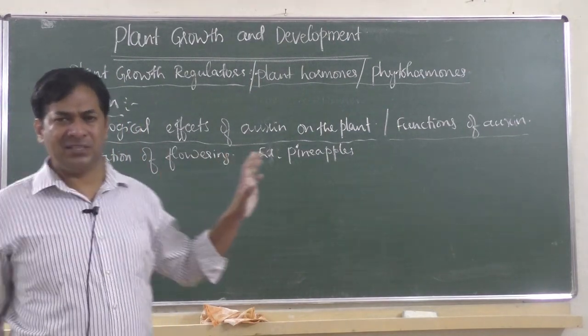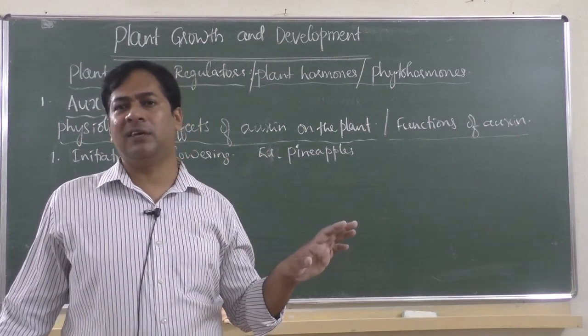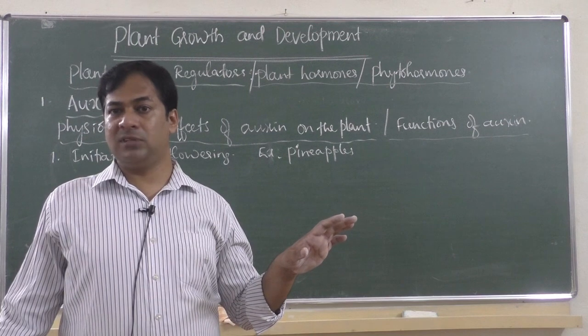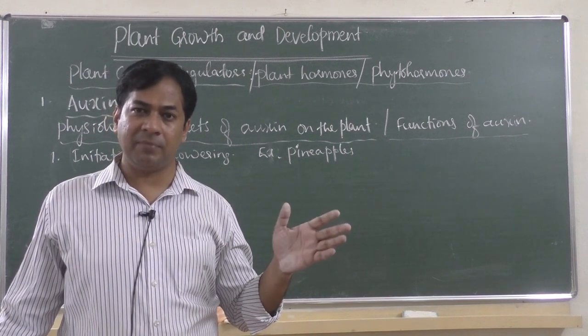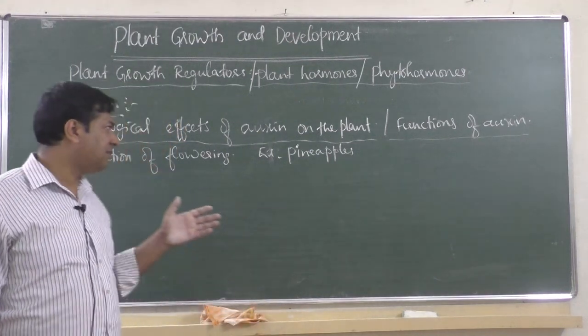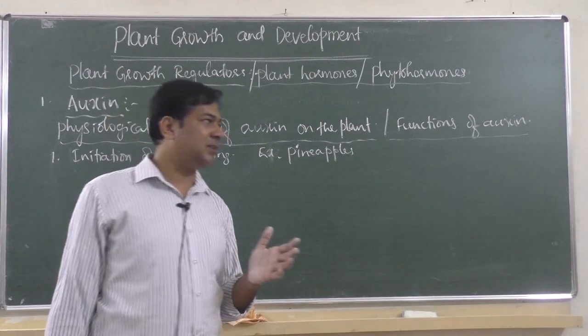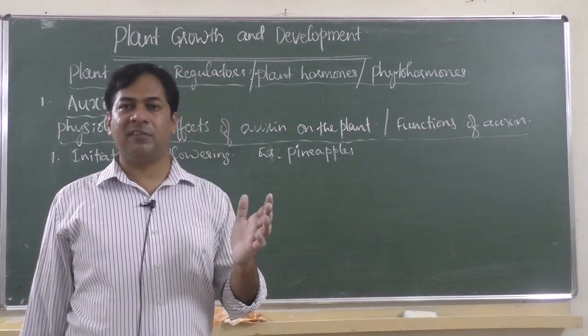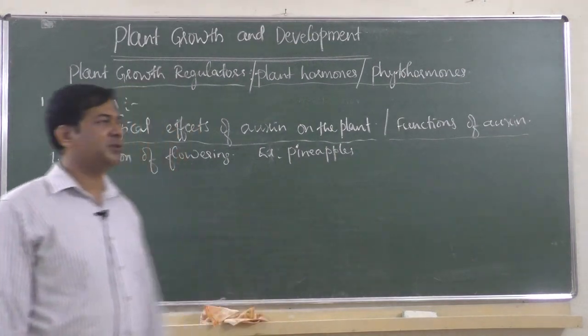Not only in pineapples, they just gave an example. Otherwise, all the plants produce flowers. Those plants which produce flowers are called angiosperms, the flowering plants. If any flowering plant produces a flower, like for example in your garden a hibiscus flower is produced, then the plant has produced auxin. That is why the flower is produced.